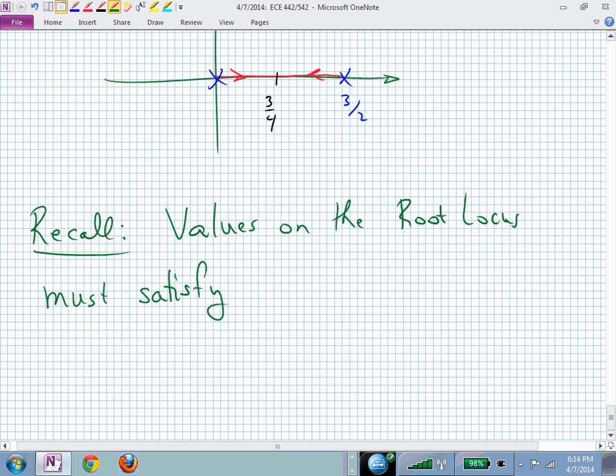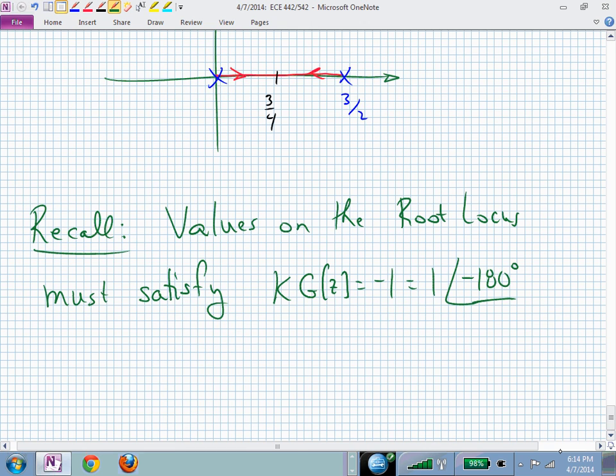But if we solve that for kg of z, that's -1, which is 1 at an angle of -180 degrees. So values on the root locus have to satisfy this equation for all values of gain k.